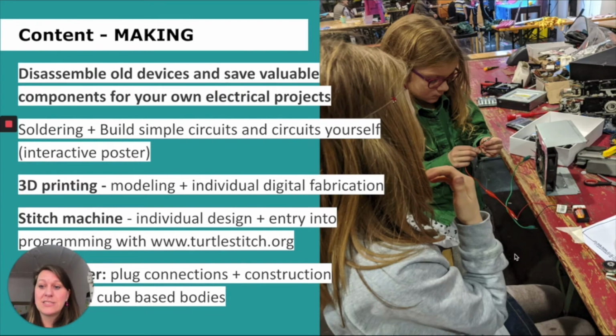By disassembling those devices, we're also learning about electric circuits by figuring out how electricity flows, and that's going to be handy in the next input. In the second class, we then put together circuits again using some of the old components that we saved, and we learned about the technique of soldering and electric circuits.